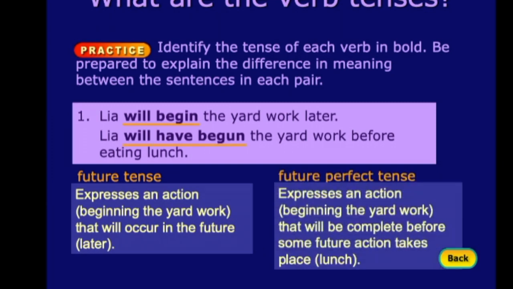Leah will have begun the yard work before eating lunch. This is future perfect tense. Expresses an action, beginning the yard work, that will be complete before some future action takes place, which is lunch.